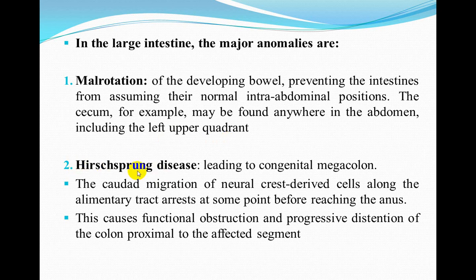The second one is Hirschsprung disease. This is a failure of the caudal migration along the alimentary tract to reach the anus.